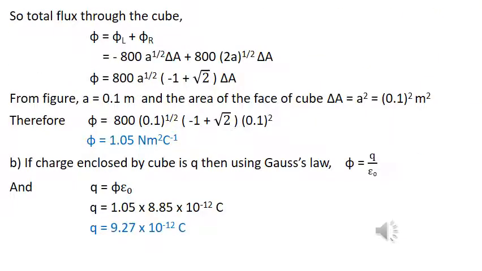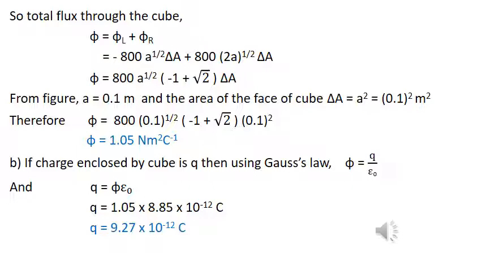Now the total flux through the cube can be written as phi L plus phi R. By putting the values of both, we get the total flux through the cube phi is equal to 800 a to the power half minus 1 plus root 2 delta A. From the figure, a is equal to 0.1 meter and delta A is the area of the face of the cube, which is a square or 0.1 whole square meter square.